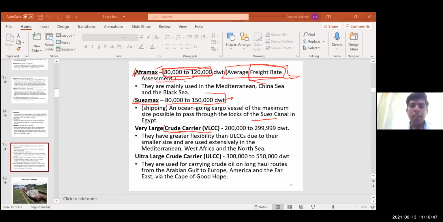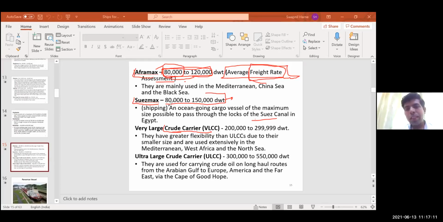Typically, Aframax tankers you will find up to 80,000 metric ton deadweight. It starts from 79,001 to 80,000 or maximum 90,000. You will find Aframax tankers. Above that you will find Suezmax tankers up to 1,40,000.